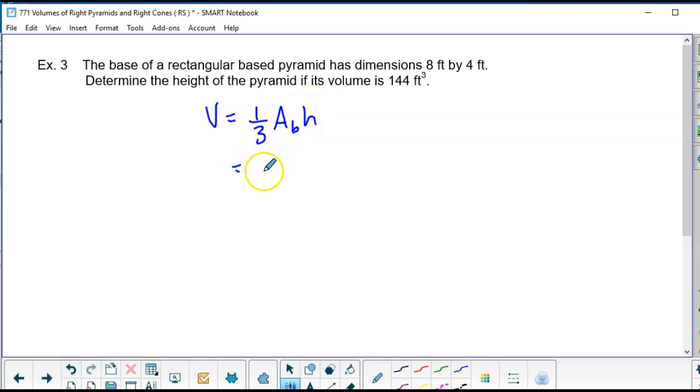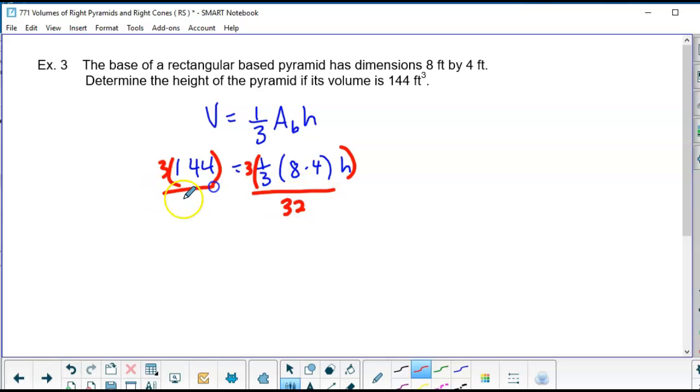So volume here is 144, so 1/3, and then it's a rectangle, which is 8 times 4, and we don't know what the height is. So now, just be careful, we're going to multiply both sides by 3, and then divide by 32, which is 8 times 4.